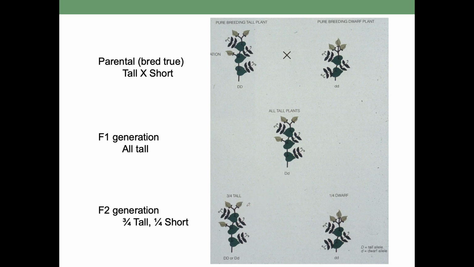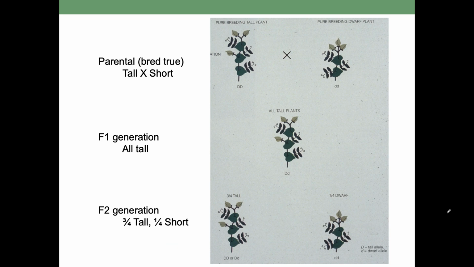And 1/4 of the plants in the F2 generation would have the other trait, that disappeared in the F1 generation. So 3/4 would be tall, and the remaining 1/4 would be short. So 75% tall, right? We can just think of this as 3/4 of a dollar, right? 75% would be tall, and the remaining 25% would be short.